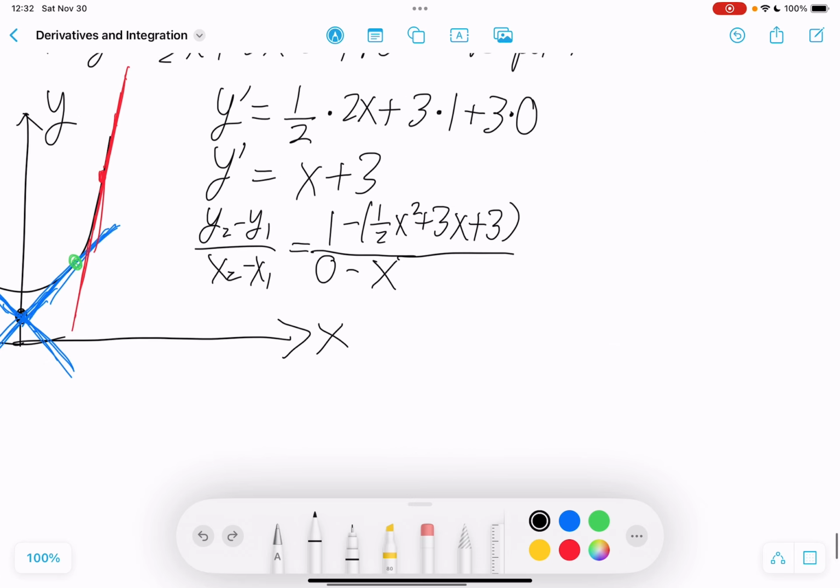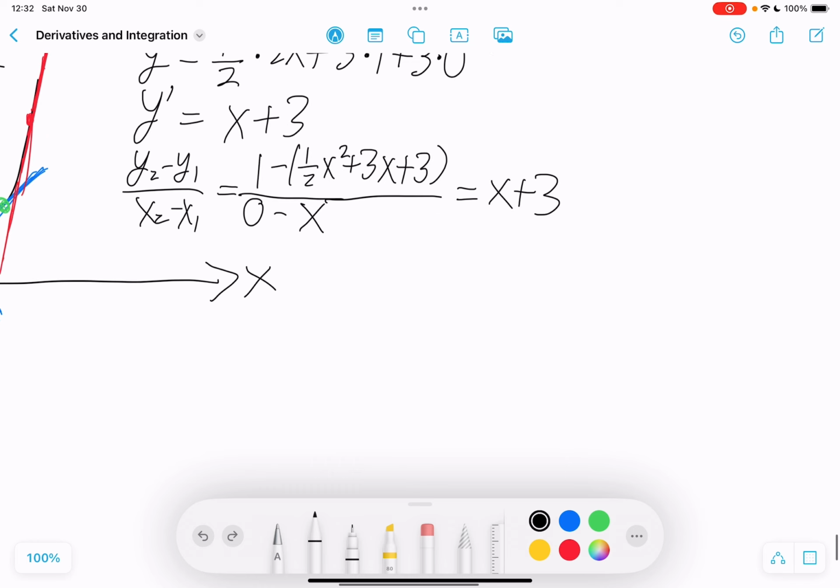And this equation gives us the slope of the tangent lines, and the slope we also know from the derivative is x plus 3. So now we only have to solve this equation, which isn't that hard because we know how to solve quadratics. We can first multiply both sides by negative x. Therefore, we have 1 minus 1/2 x squared.